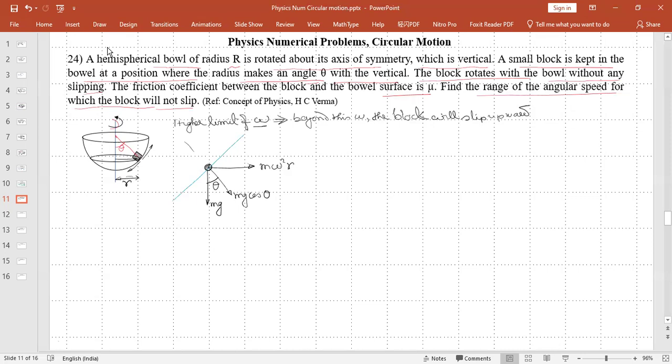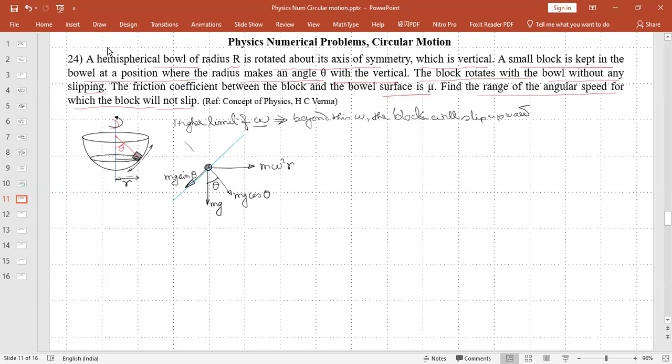This is mg cos theta. Now this downward force is mg, so mg we have split into two perpendicular components.